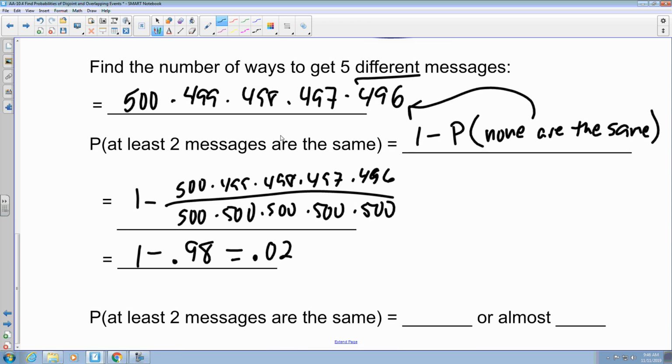So to have at least two messages that are the same, you have about a 2% chance of that coming true.